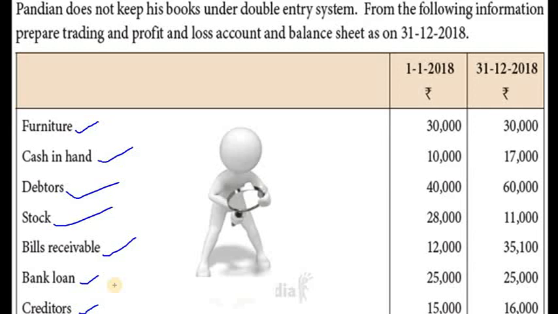So if in the problem it is simply given bank debit balance, it is our money maintained with the bank. So it must be shown on the asset side. And if it is simply given like bank credit balance, it is money we borrowed from the bank. So we have to show it on the liability side of the balance sheet.